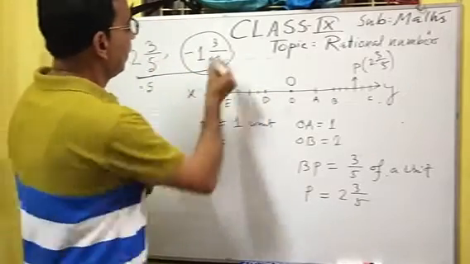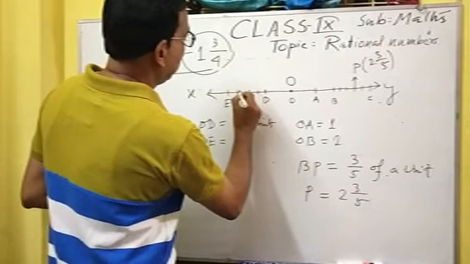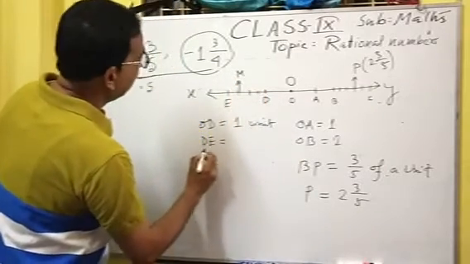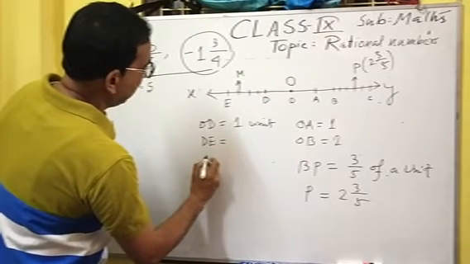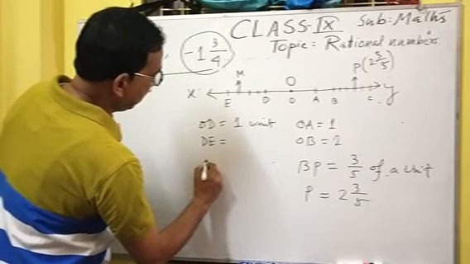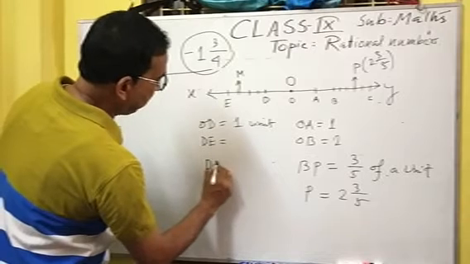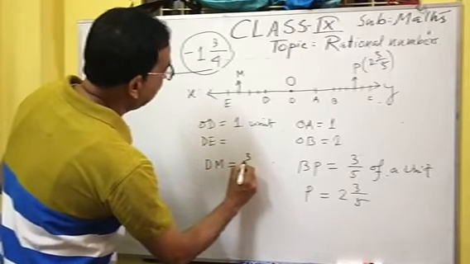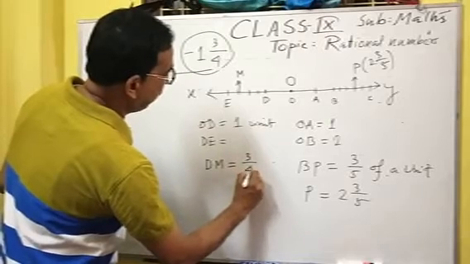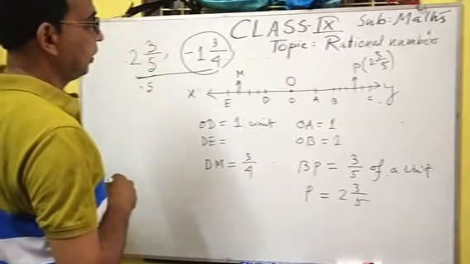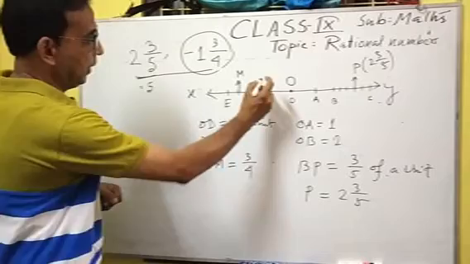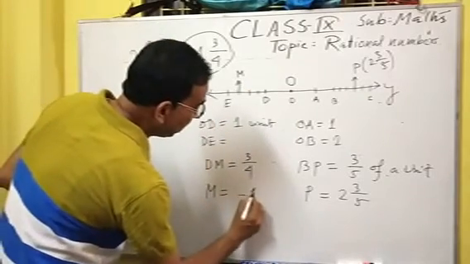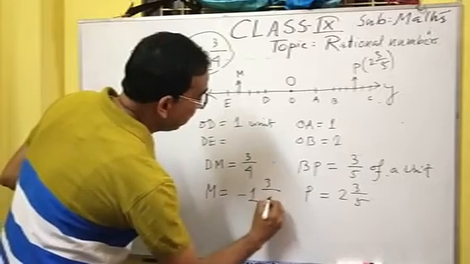So 1, 2, 3, this is M. DM is equal to 3 by 4, and M represents the rational number minus 1 whole 3 by 4.